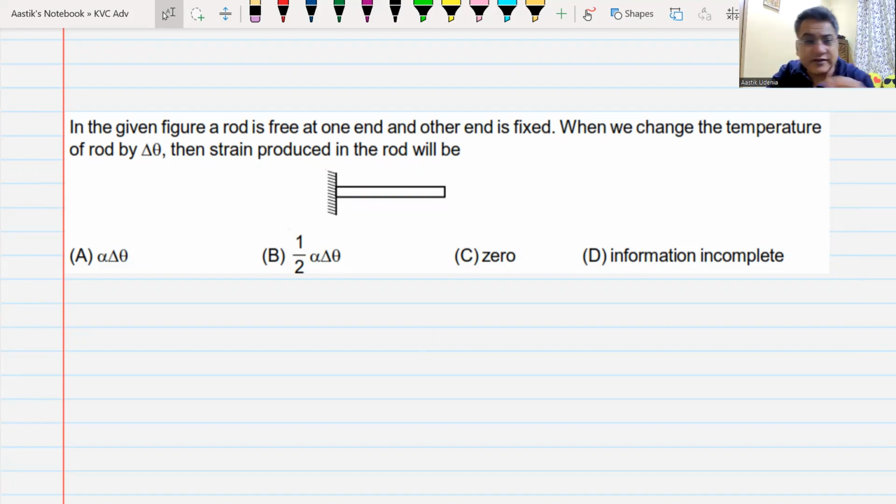What will be the strain produced in the rod? Zero, sir. Why? Sir, strain is alpha delta theta, sir. Sorry, I thought it's stress.